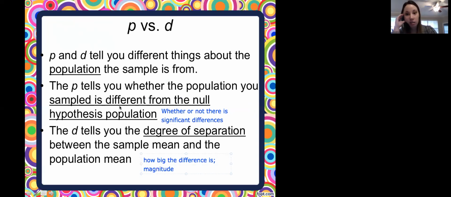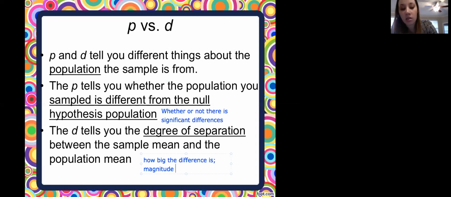So these tell us different things. Our t-test tells us whether or not we have a significant result. So it's a kind of binary thing. It's either yes or no, whether we have a significant result or not. D, however, tells us how big that difference is. And it's funny though, because even if we have a non-significant result, we might get a big difference. The reason for that might be due to a lot of factors.